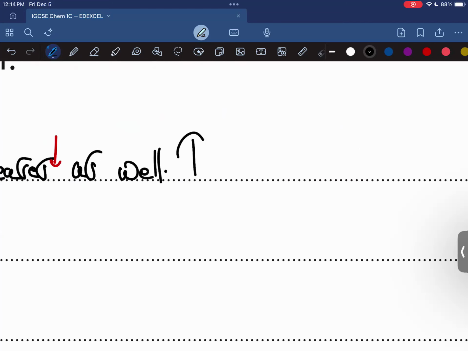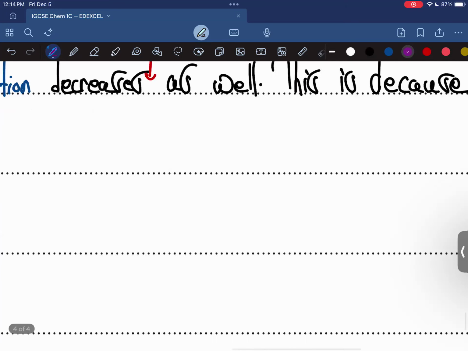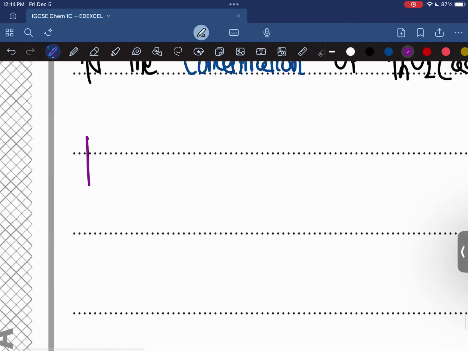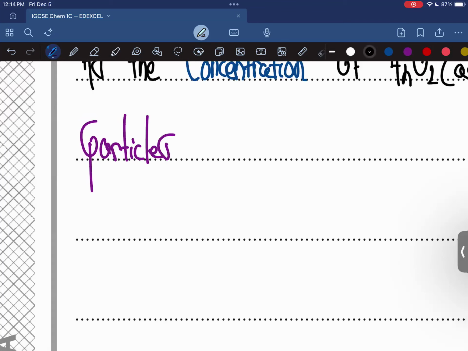This is because as you decrease the concentration, there are fewer particles in the same volume.